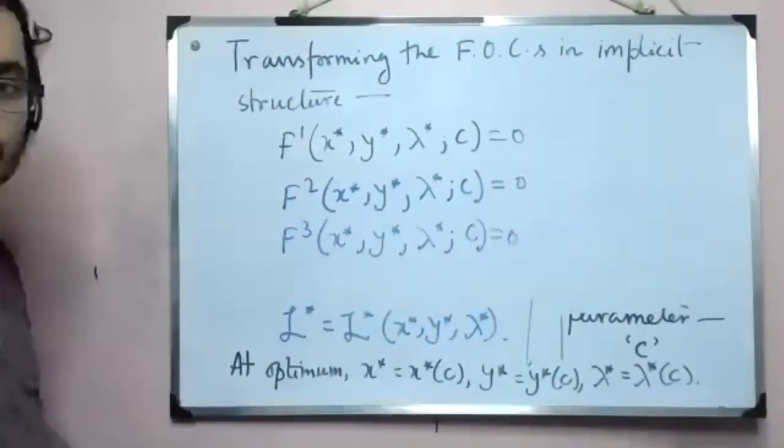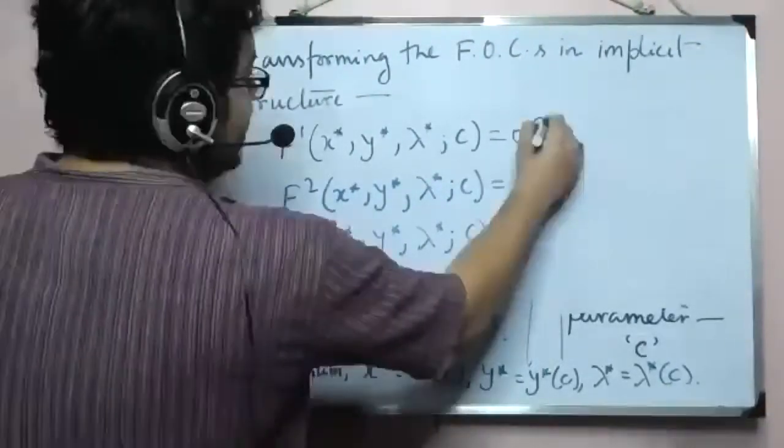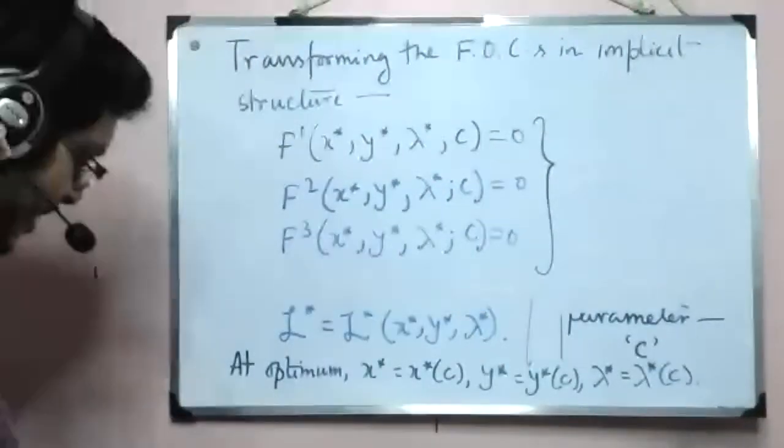So these three are our first order conditions written in implicit structure.